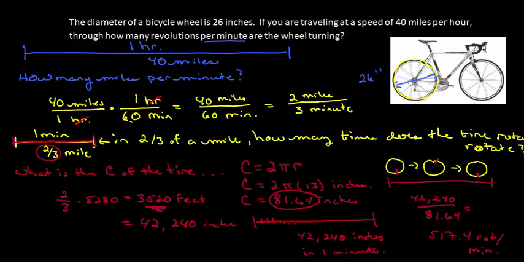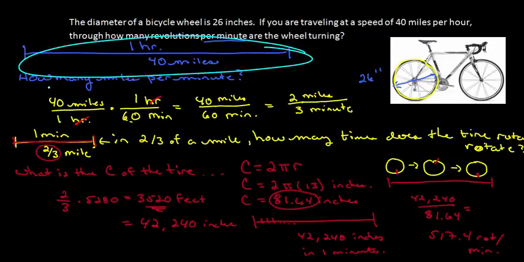Now you can tell that there's a lot involved in this problem. The first thing we need to do is figure out how far the bike is traveling. So I took something that I knew, something very basic up here, and I did a little bit of conversion, and I came up with this. I needed to make sure that that was in the same dimension, so in inches, as my wheel up here.